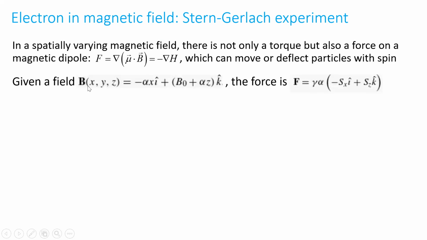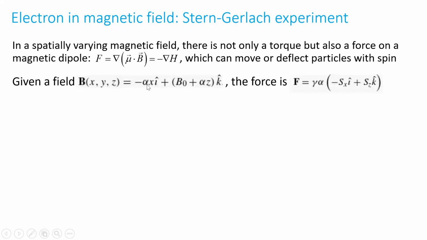So we have a magnetic field B of x, y, z with a small, alpha is a small constant, minus alpha x in the x direction, plus a rather large B0, plus a small z-dependent term, so that the magnetic field is not constant in space because it depends on z, but just a small amount.